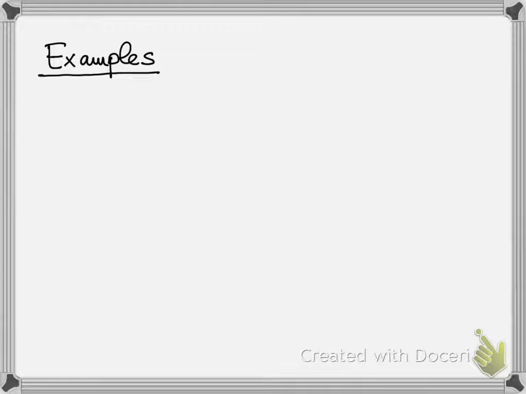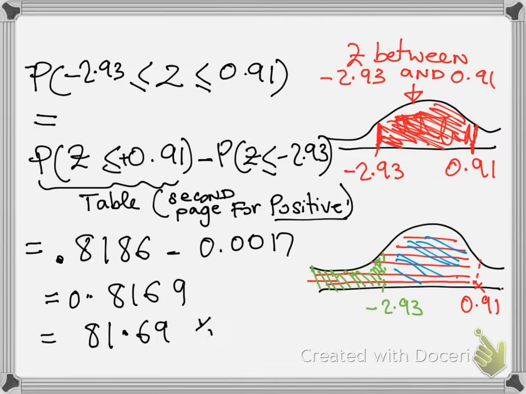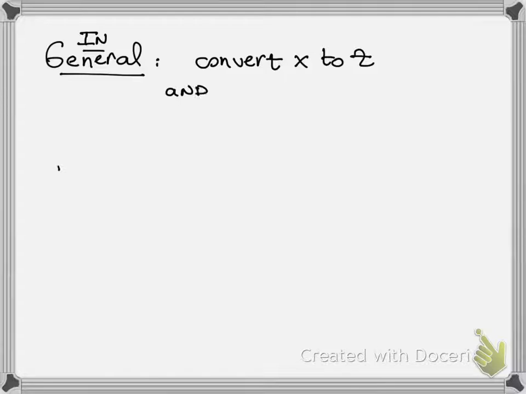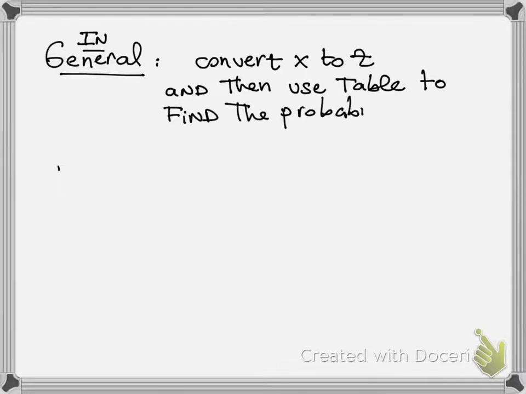In general, what we do is we convert x to z, and then use the table to find the probability.